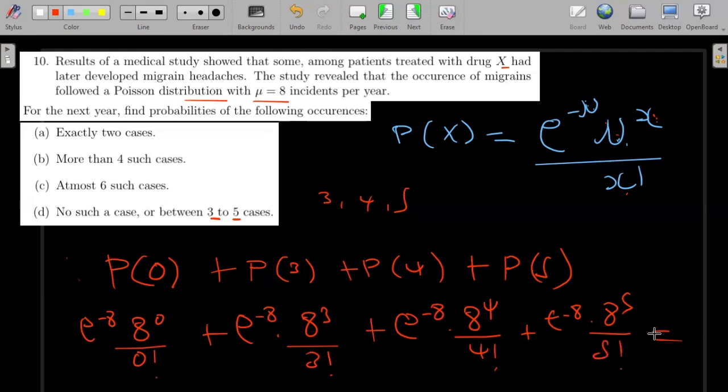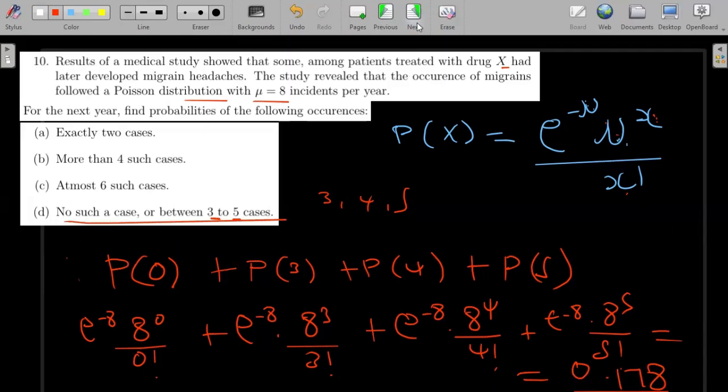Let's just punch it into the calculator. When I punch all this in, I'm getting the final answer as 0.178. So this will be the answer for this last one.